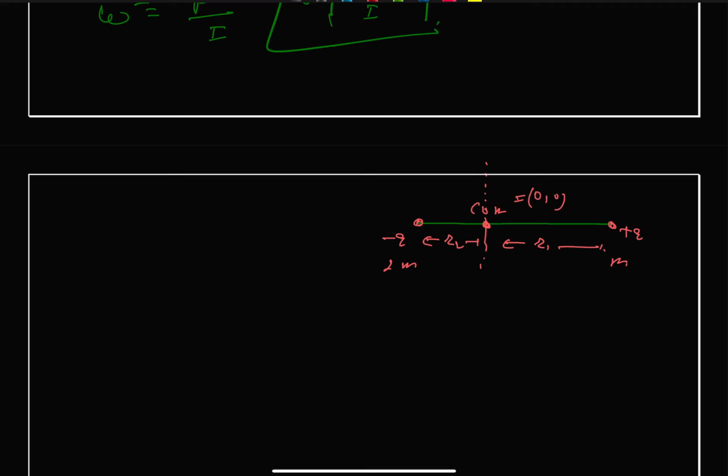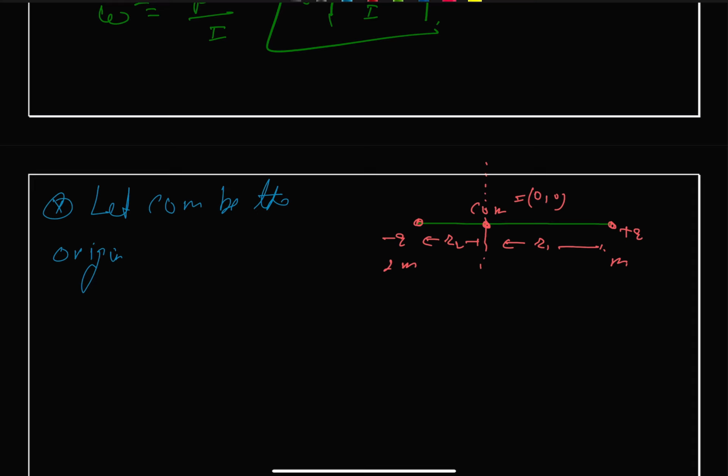Let the center of mass be the origin. You can take any coordinate, but the origin is going to solve this quite easily, because we have to find out this R1 and R2.